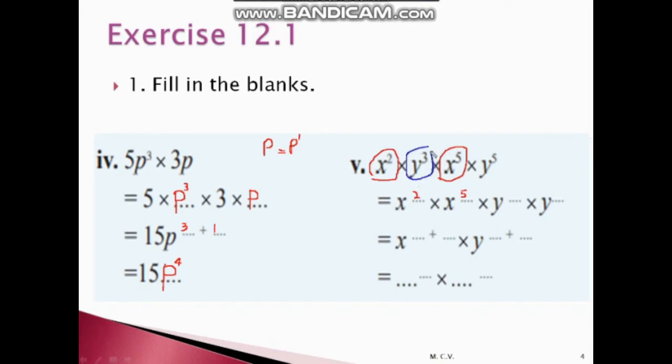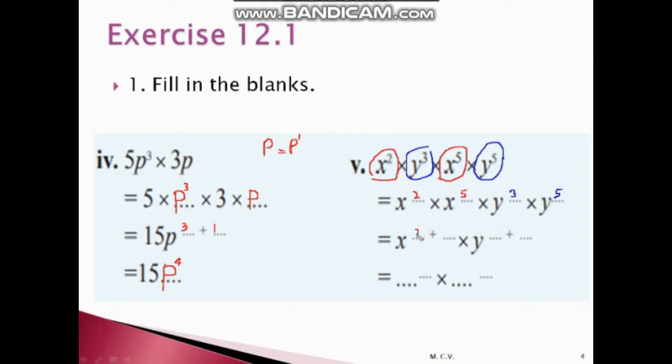Now when the bases are equal, you can add the indices. So x to the power 2 plus 5. Now add the indices, y to the power 3 plus 5.